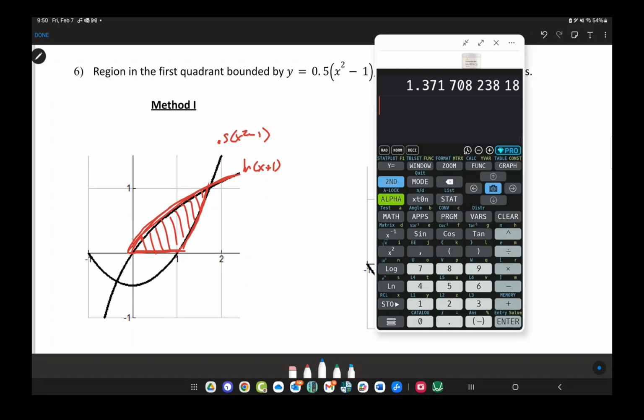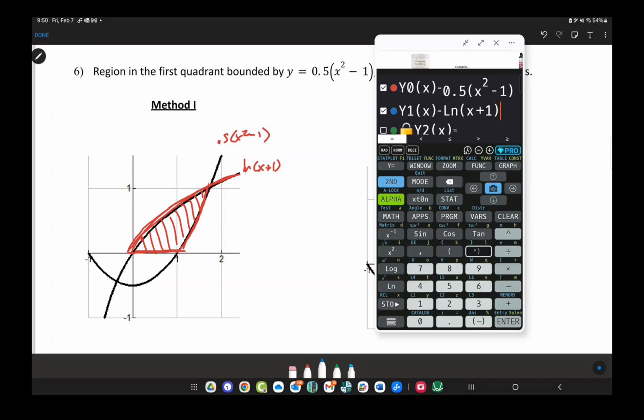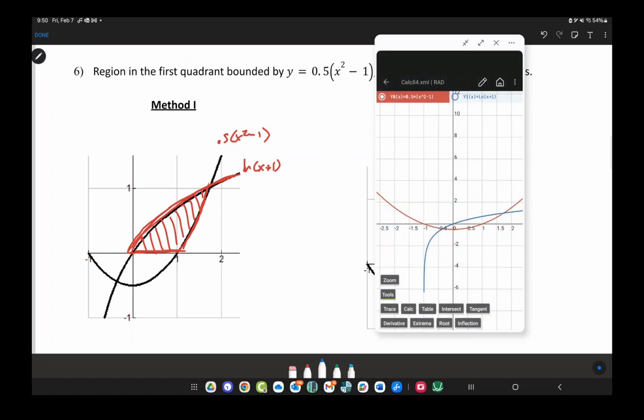I would put it in the calculator and find the intersection. Okay, go ahead and do that. I would just graph 0.5 x squared minus 1 and the natural log of x plus 1, and then I would go to intersect.